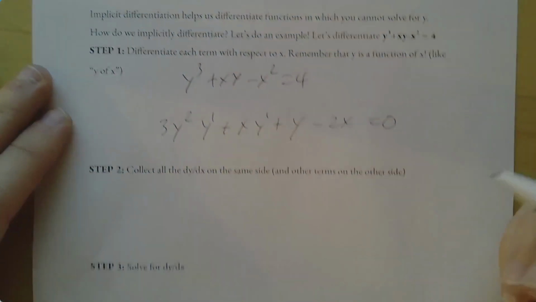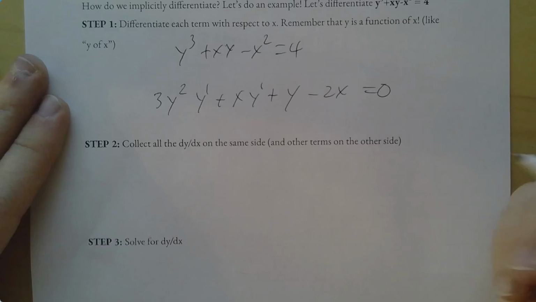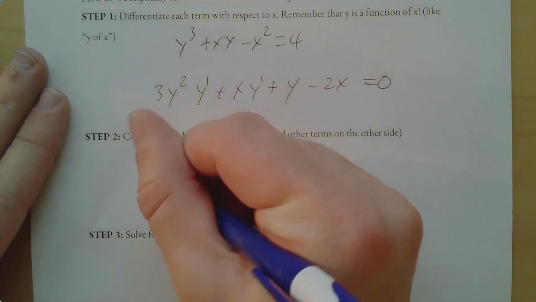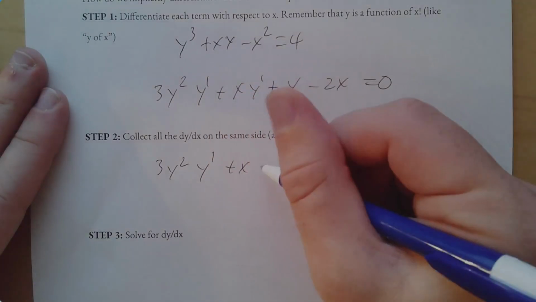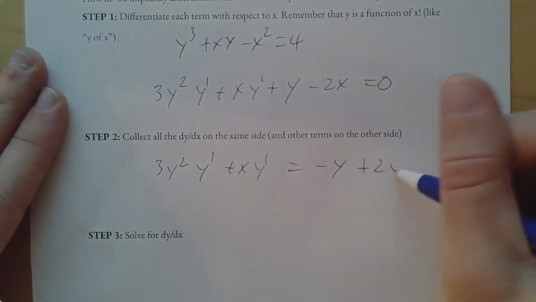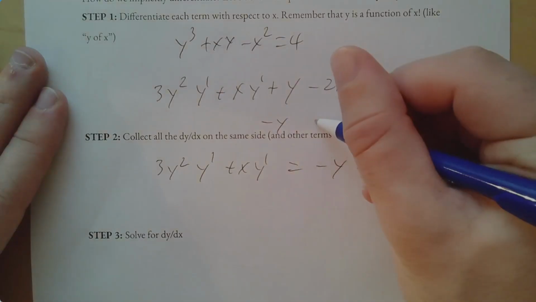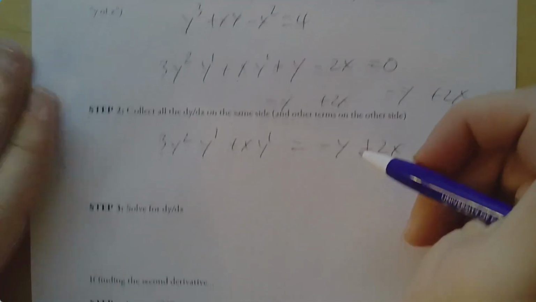You get all the y primes or the dy/dx's on one side. So that would be 3y squared y prime plus x y prime equals negative y plus 2x. Here all I'm doing is subtracting the y, adding 2x, if that's not clear.